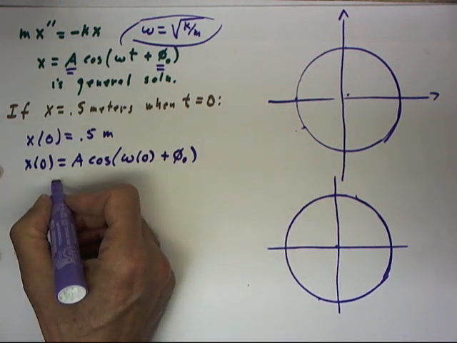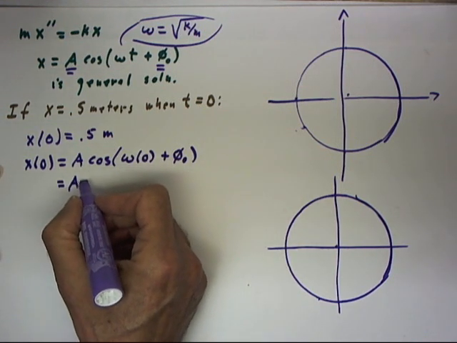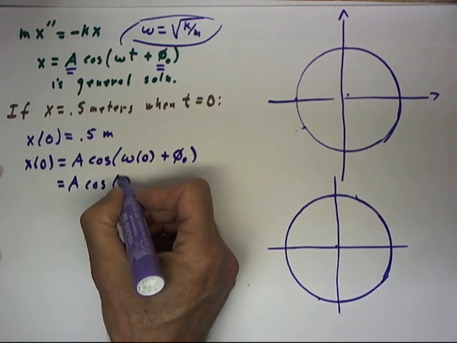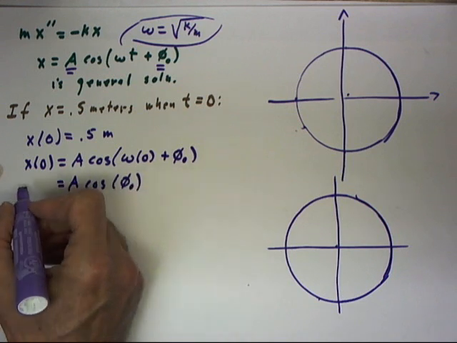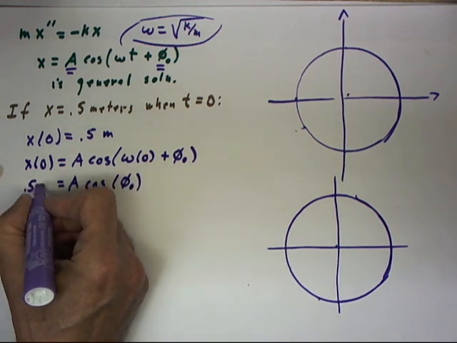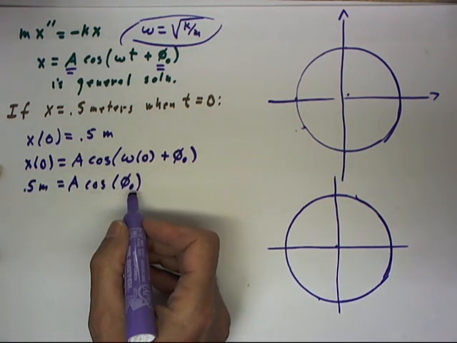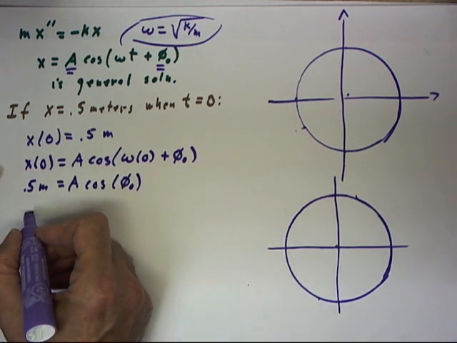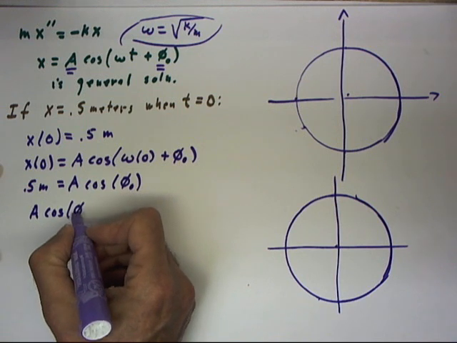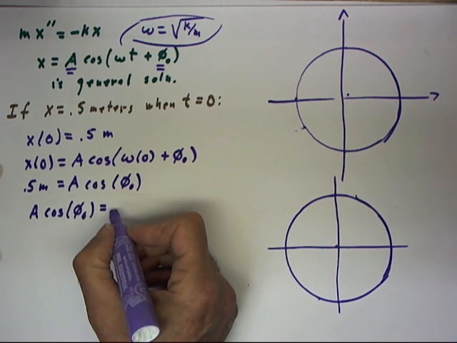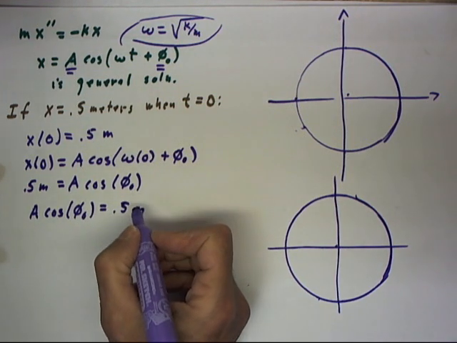And omega times 0 is just 0, so this is just A times the cosine of phi naught. And this equals 0.5 meters because x of 0 is 0.5 meters. So we have the equation A cosine of phi sub 0 equals 0.5 meters.